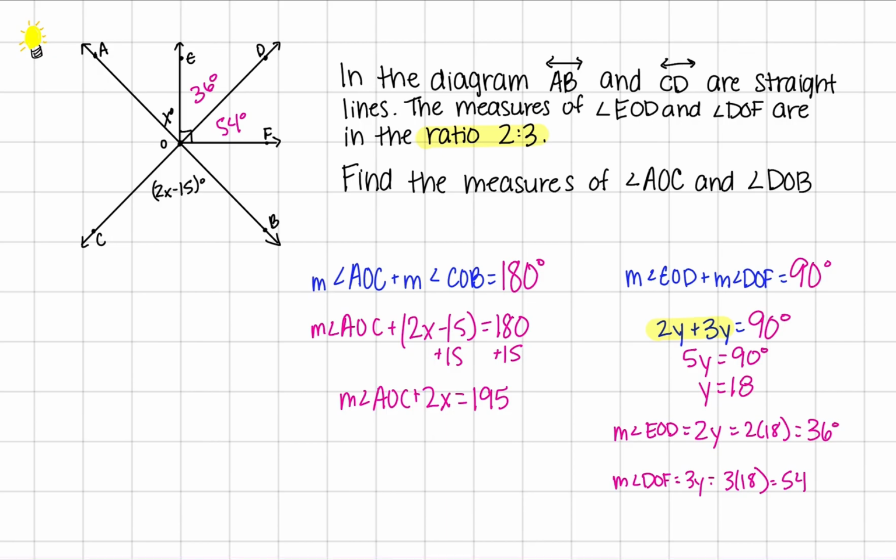Okay? Now, remember, I'm trying to find AOC and DOB. So this one and this one. And this is where it might be helpful to draw on your paper when you're doing your homework. Okay?